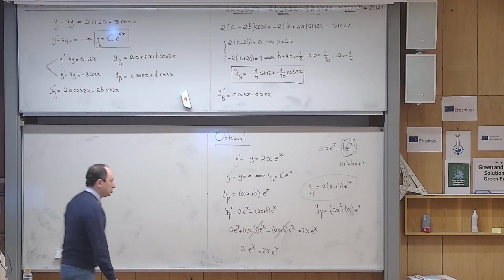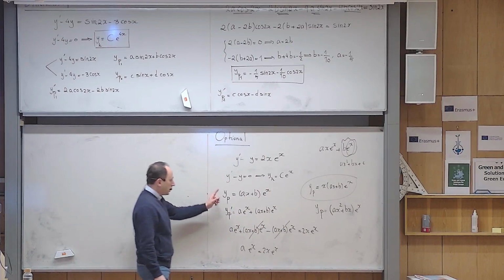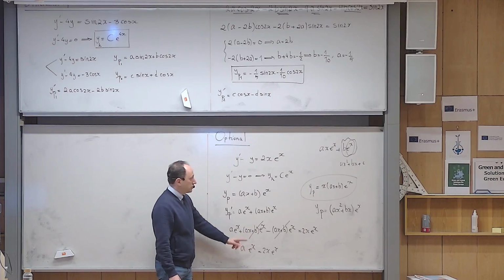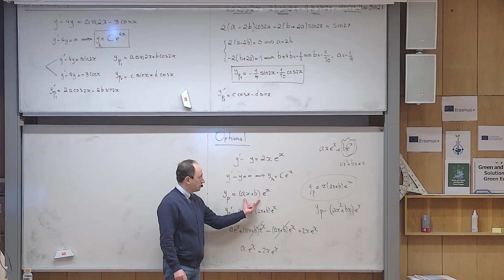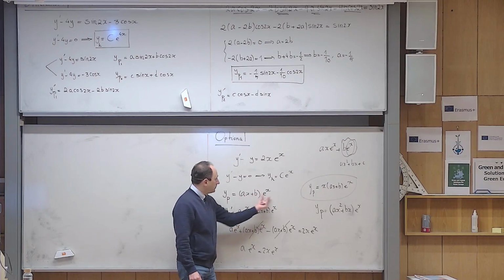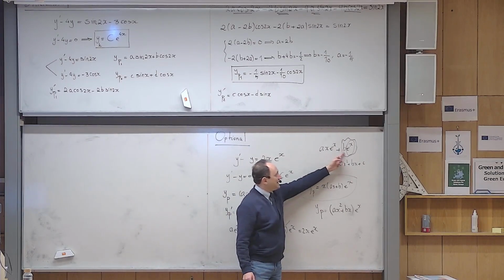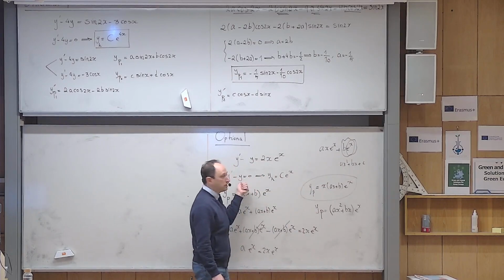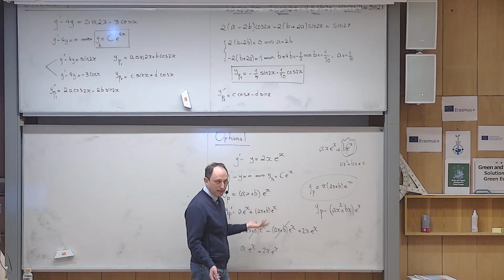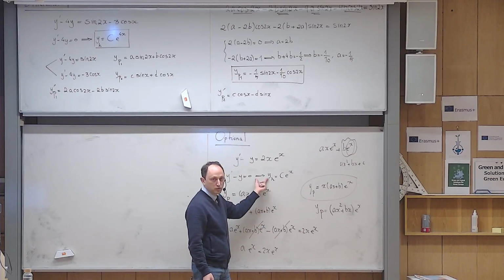Let us check. Now, this is why I want you to understand at least the source of the problem. The source of the problem is if you guess this one, then one of these terms is the solution to the homogeneous one, which will be cancelled out, because this is supposed to be 0.